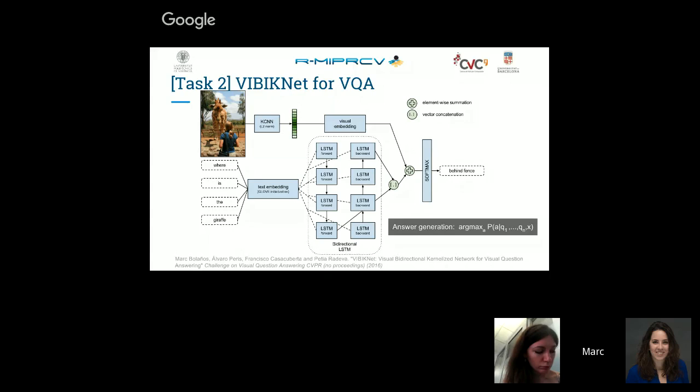I guess there's also something in the KCNN, right? Yeah, probably. But the KCNN is pre-computed, and you cannot train it in Python.